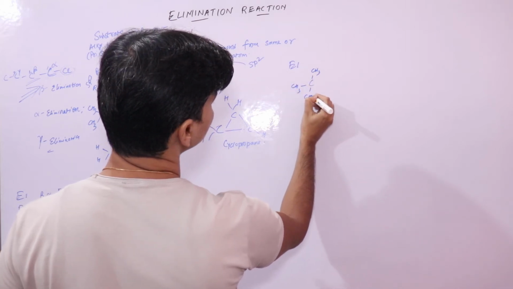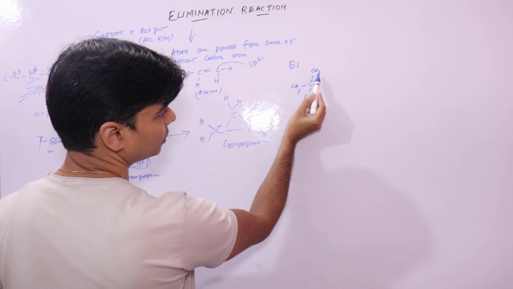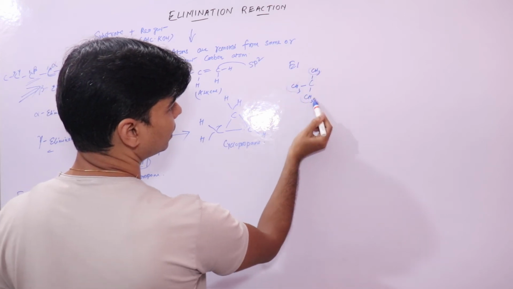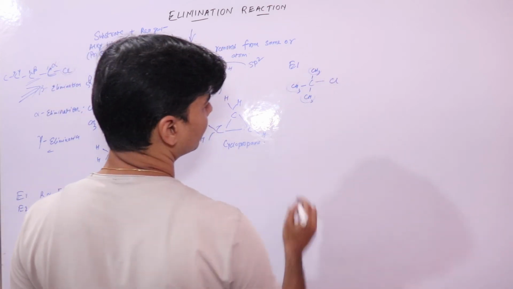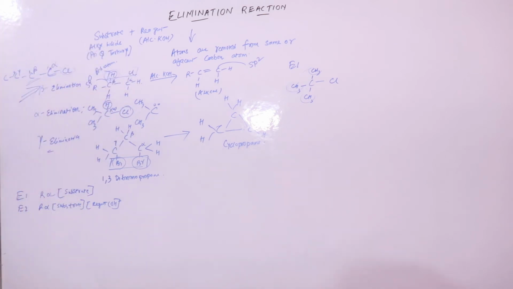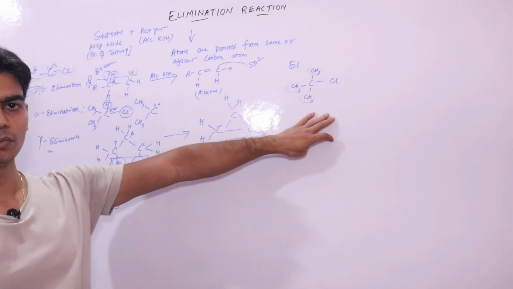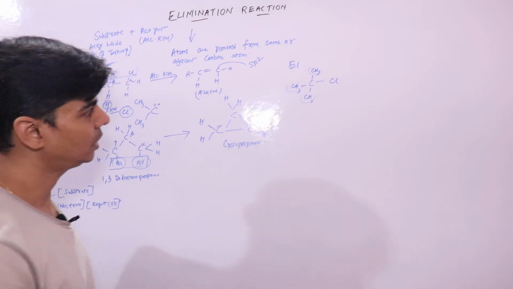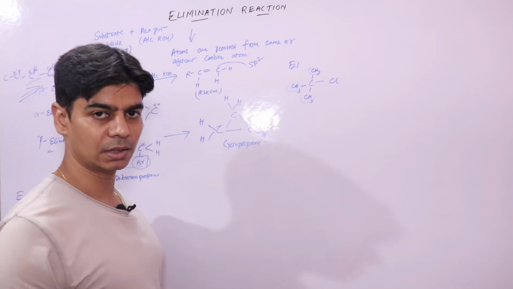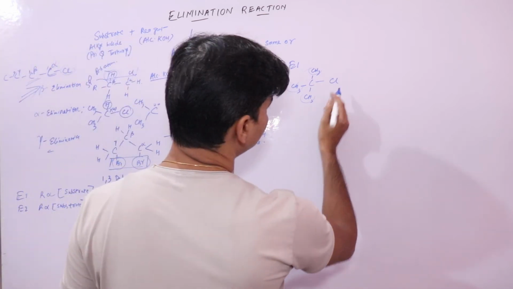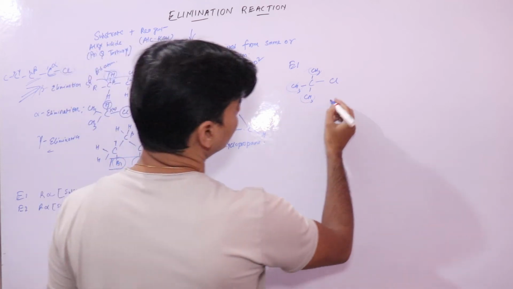You can see this is a tertiary carbon atom which is connected to 3 other carbon atoms directly. Now we'll see how it will undergo elimination to form an alkene. That means this will undergo a beta elimination, since it is forming an alkene.